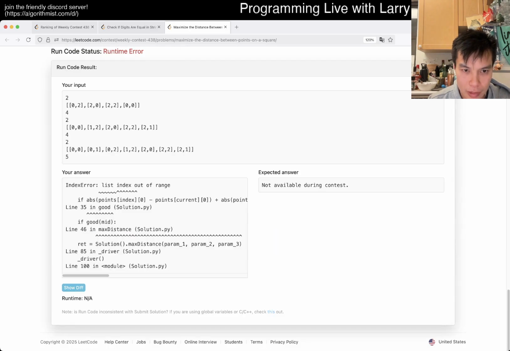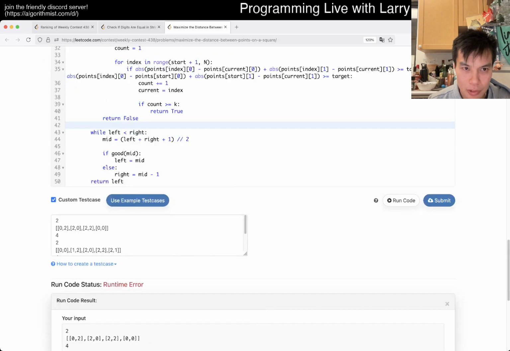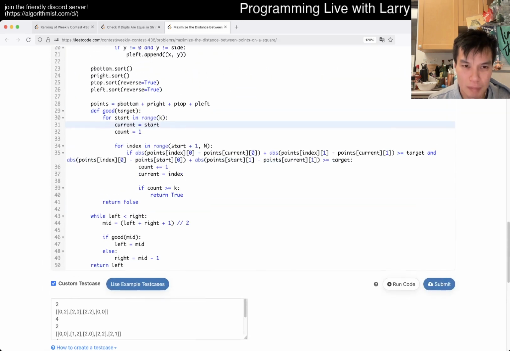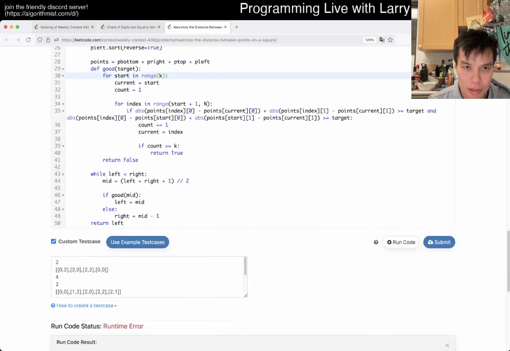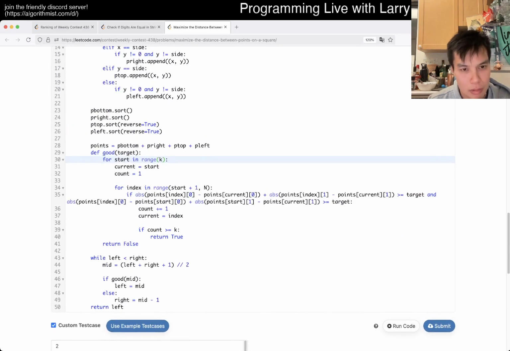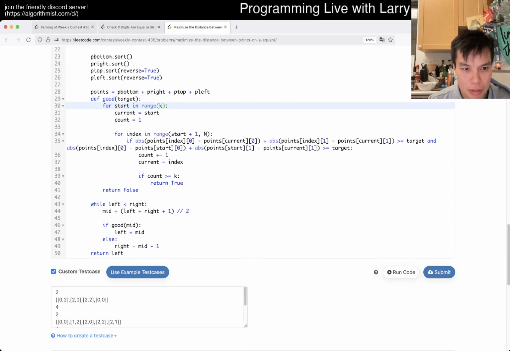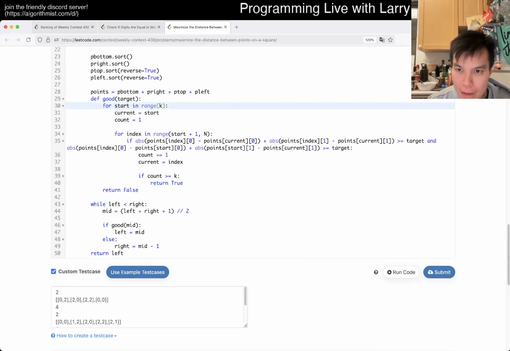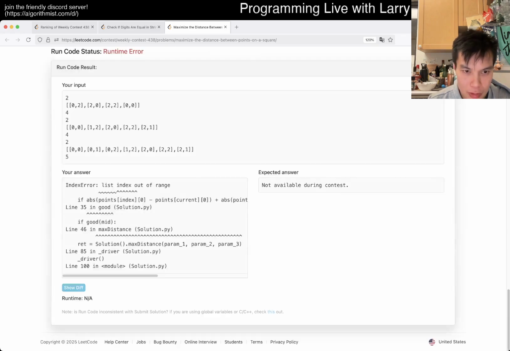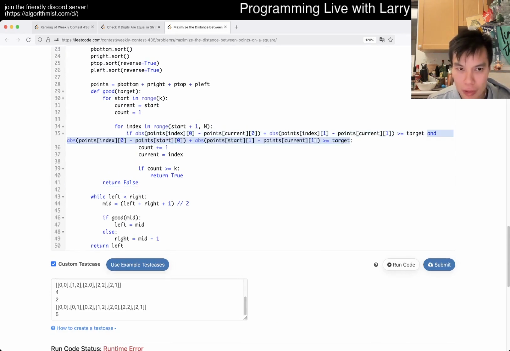How do I get index out of bounds here? Current is equal to start. Oh, so k has to be less than number of points, so that doesn't make sense necessarily. Why is this out of bounds? Alright, well, is it the start? Nope. Oh, not just that anyway.